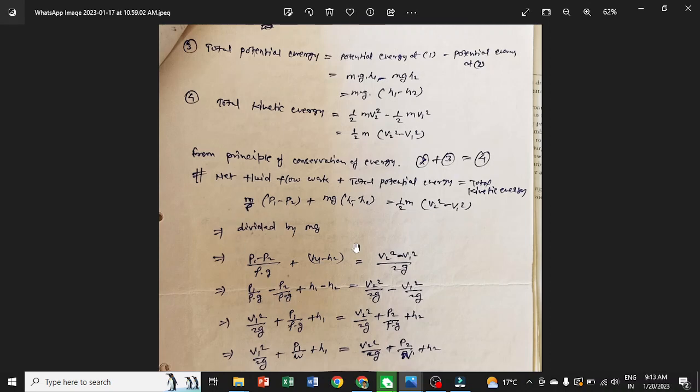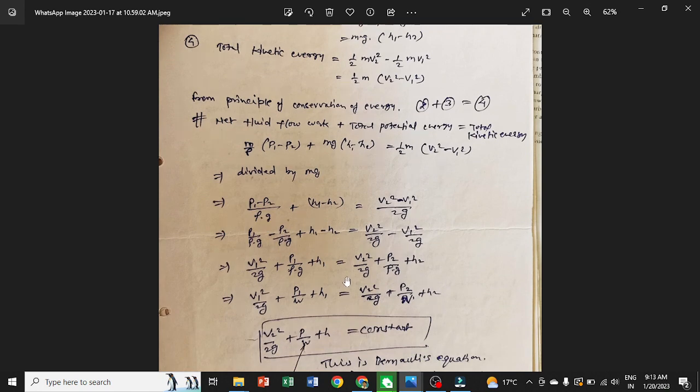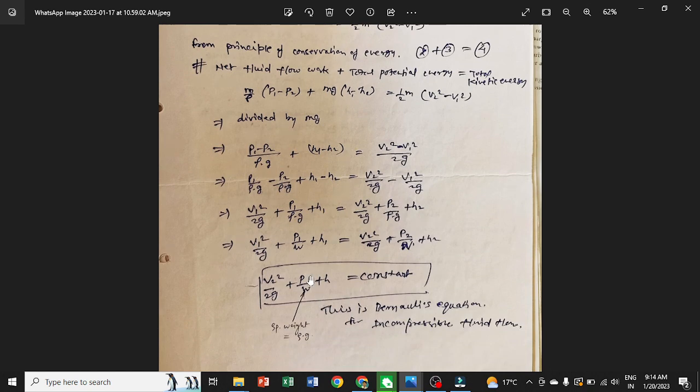By solving, we have to keep v1, p1 and h1 on one side of the equal sign, and v2, p2 and h2 on the other side. So finally it will be v2 square upon 2g plus p upon weight plus h equal to constant.